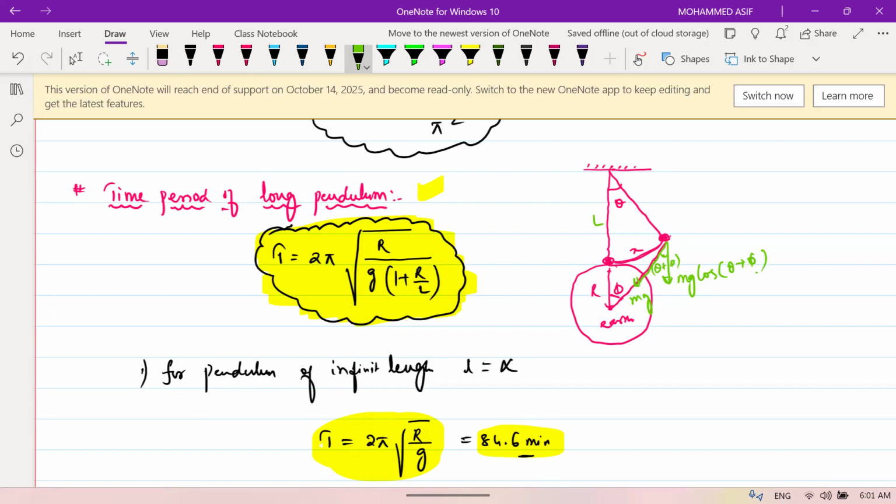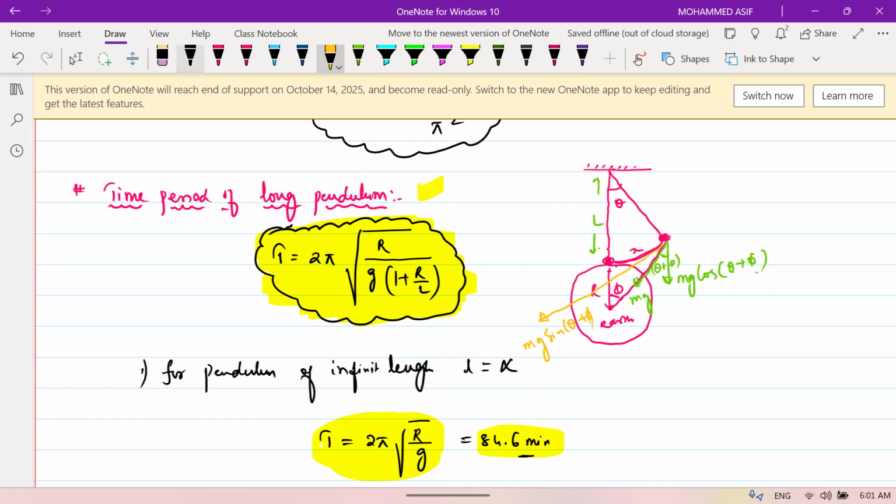This is the length of the pendulum, that is equal to L. And the restoring force, by which the body comes in the backward direction, if mg is in the downward direction, will be equal to mg sin of theta plus phi.